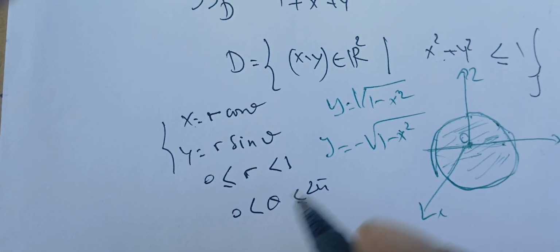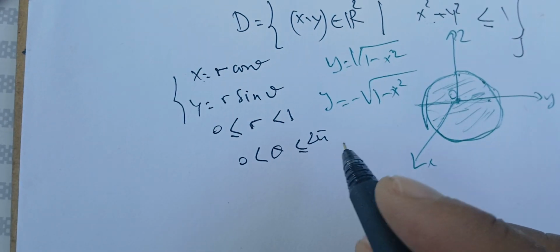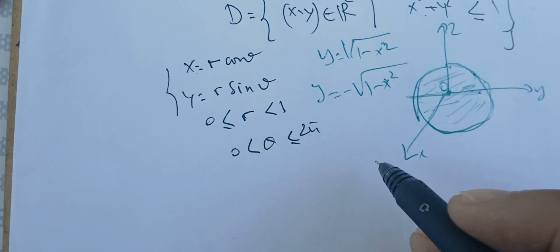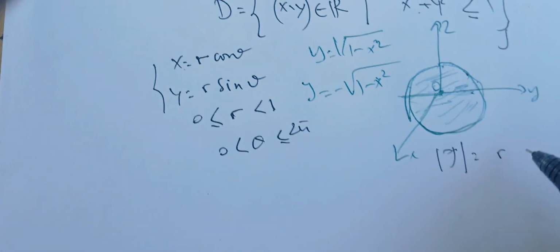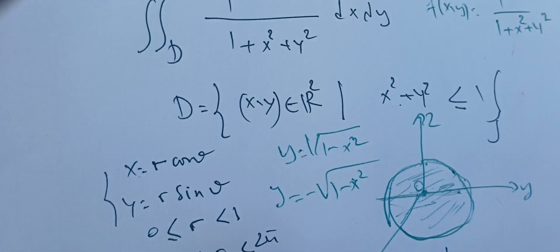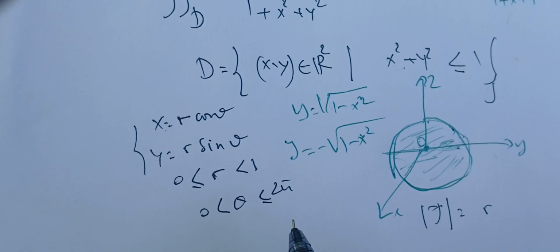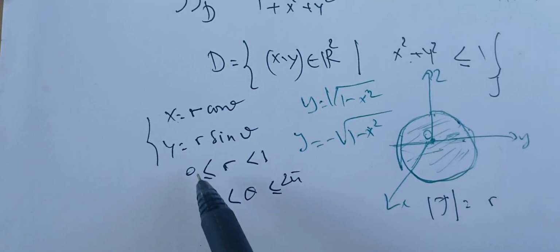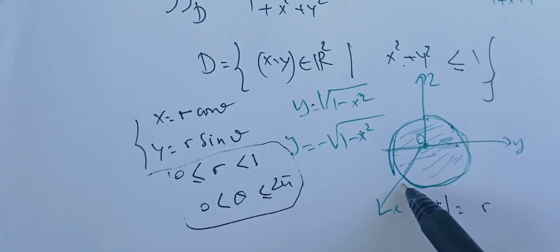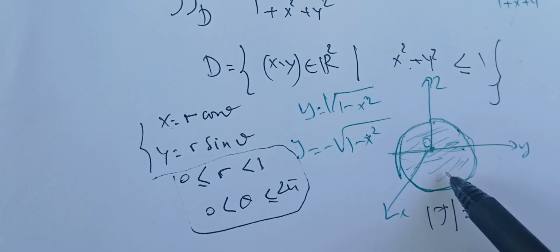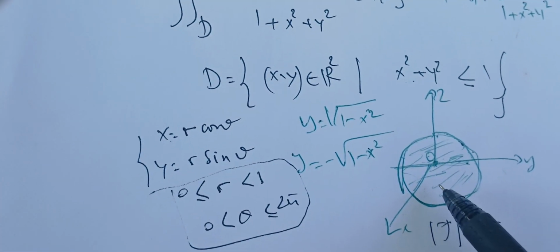And we know that the Jacobian in this case is just given by r. Therefore, when we switch to polar coordinates, we're going to integrate on this region here, where r is changing between 0 and 1, and theta is changing between 0 and 2 pi.